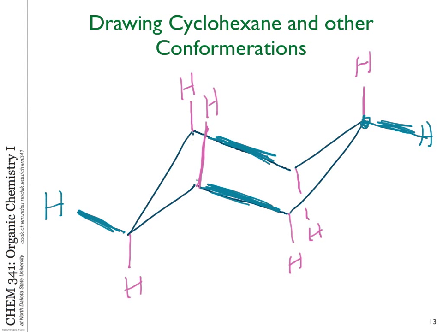Okay? Let me color code the parallel lines in the ring again. So this one is going to be parallel with this one. And what did I use? Green. This one is going to be parallel with this one.